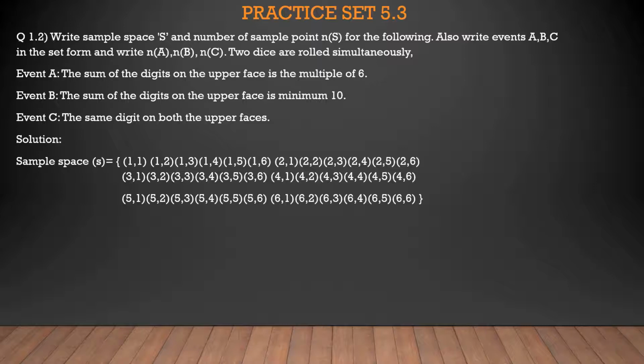These are the sample points in the sample space. So total sample points we find are 36 when two dice are rolled simultaneously. So we have n(S) = 36.